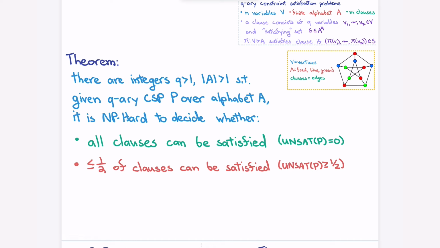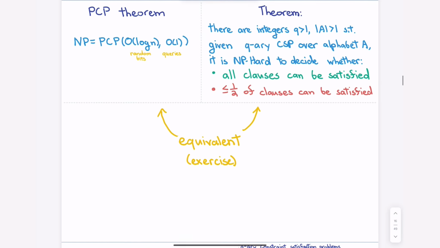So that means if it's anything in the middle, you don't get punished. You can say whatever you want. You're just trying to distinguish between completely correct and half wrong. There's a huge gap, and the claim is that it's still NP hard. And we went over last time that this half unsatisfiability for CSP is equivalent to the PCP theorem.